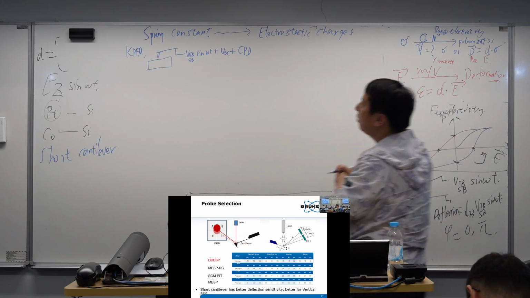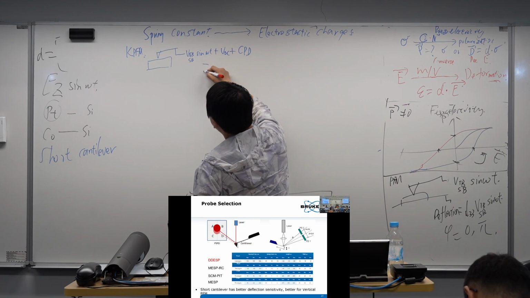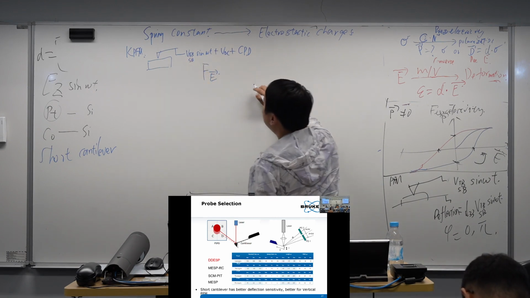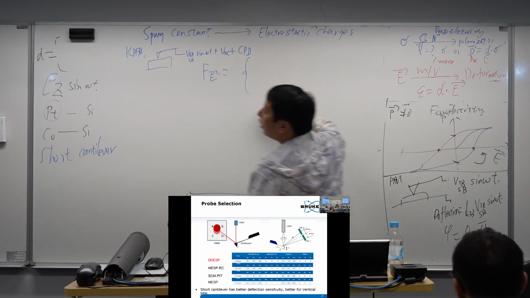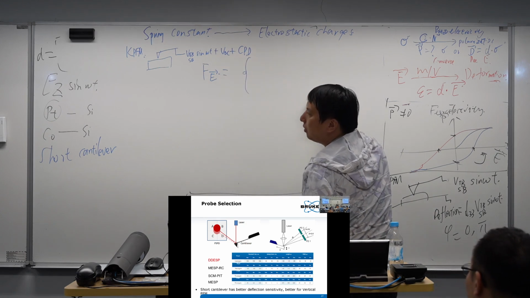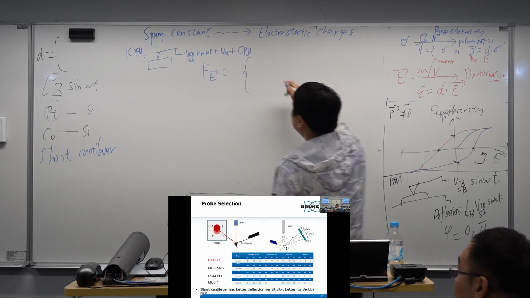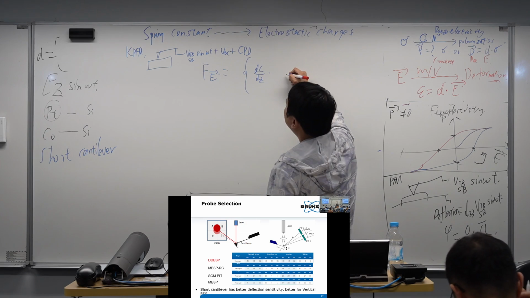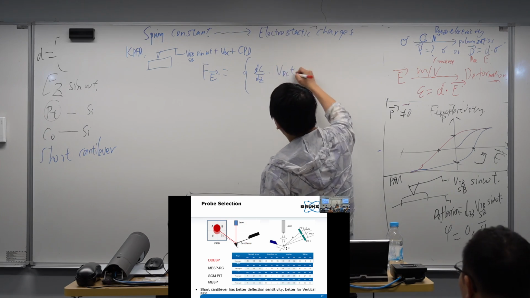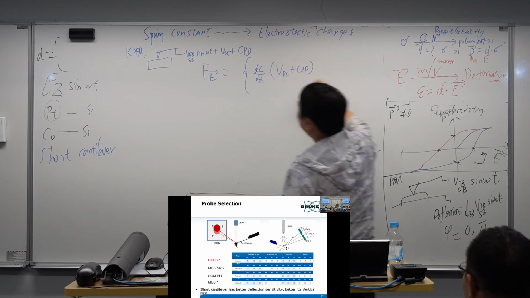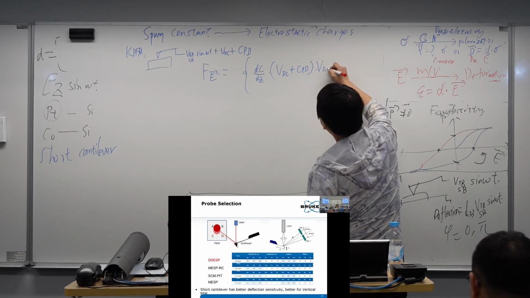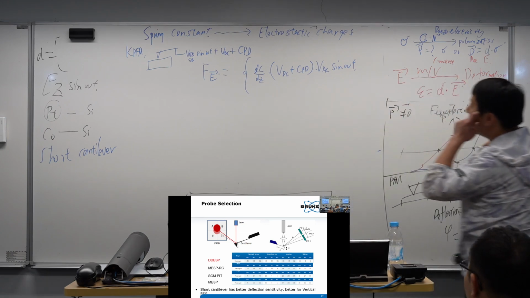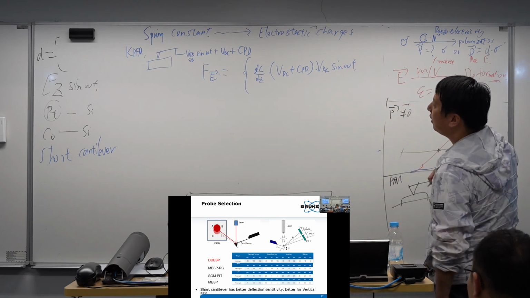At this setup, we will say the electric field force between tip and the sample has 3 terms. And the second term is the one we care about, is the dC over dz times VDC plus CPD times VAC sine omega t. Right? That's the second term we want to detect here.